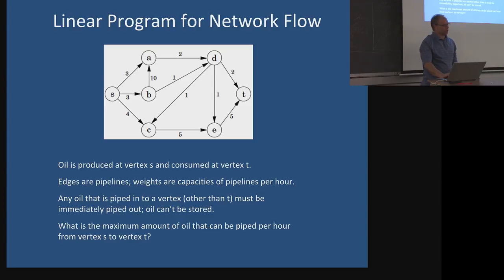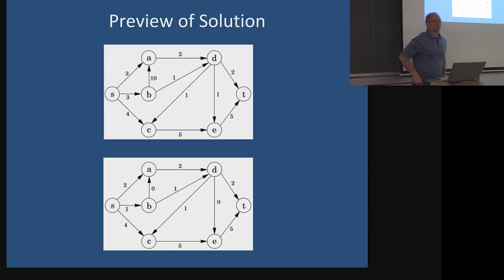Okay, the answer is 7, it turns out. But let's write a linear program to do that. So here's the preview. There's our graph, and this is a solution. This shows how much you actually ship. So one solution is to send 2 units here and 1 unit here, and then send nothing up there, but send this one over here, and so forth.